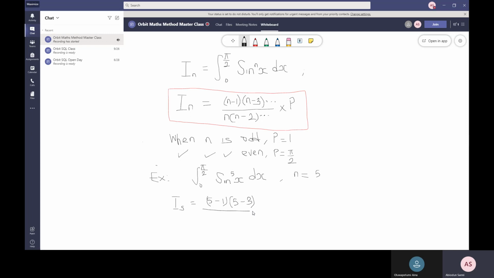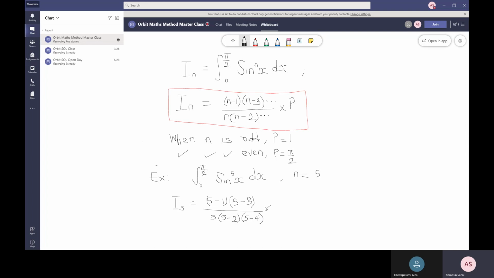Then divided by 5 times (5 minus 2), then this keeps reducing by 2, that's 5 minus 4. I cannot do 5 minus 6 because that is negative, so I stop at 5 minus 4 here.